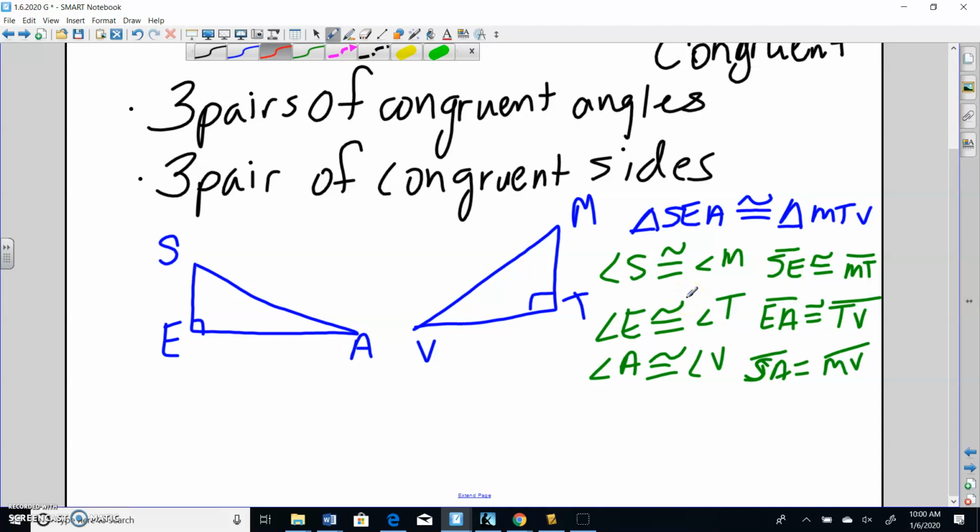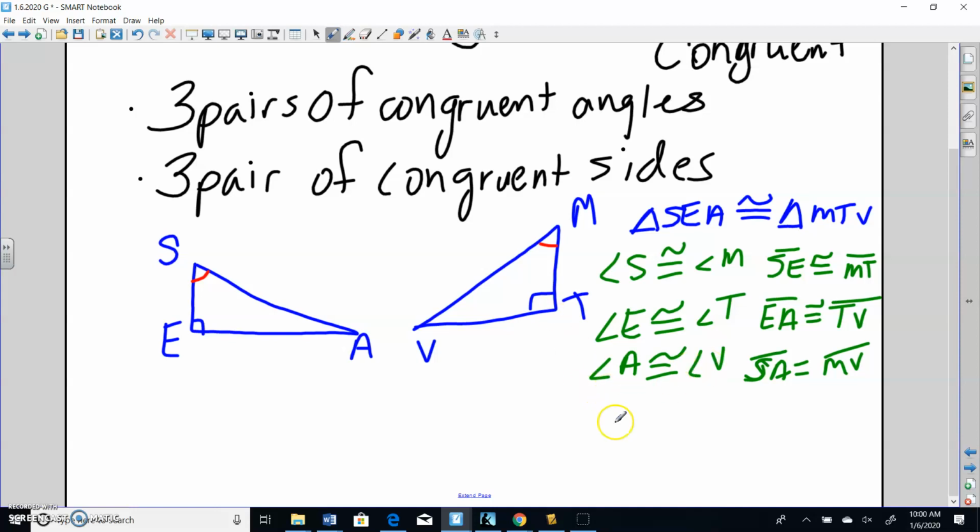So we know angle S is congruent to angle M. So I'm just going to put one arc in S and one arc in M. And because those both just have one arc, that means they are equal in measure. Angles E and T, they both have a specific mark. This says that that's 90 degrees. This says that that's 90 degrees. We don't have to put another mark in those places because 90 equals 90, right?